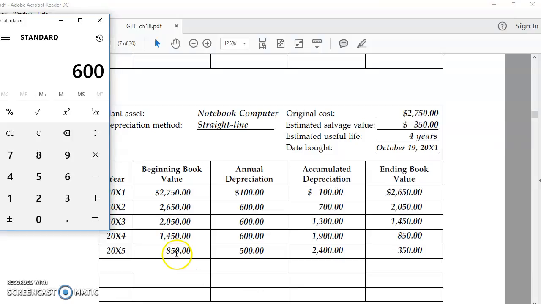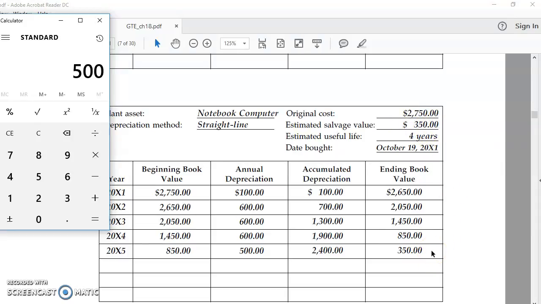Therefore, if you take $850 minus the $350, you get $500. So therefore, you are only able to depreciate $500 of this $850 because you cannot go past the $350 because that's your estimated salvage value at the top.